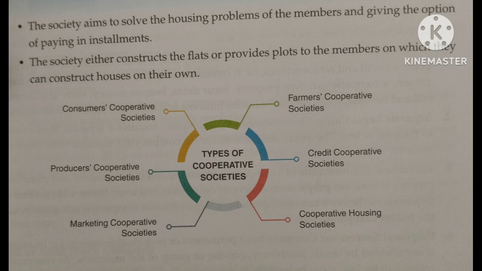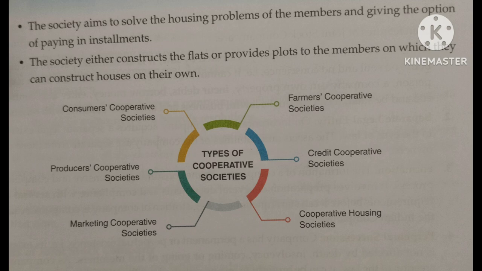There are 10-12 producers who have little output which they can contribute for the production, but all alone they can't. So they combine together, they register themselves as a part of cooperative societies, and then they start their business. This is known as producers cooperative societies.